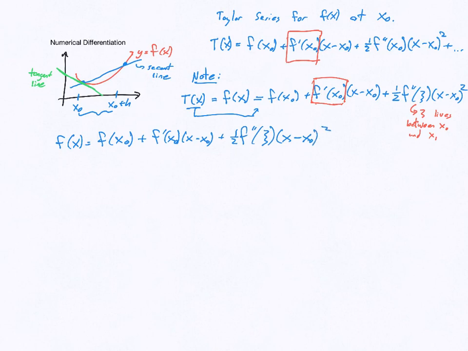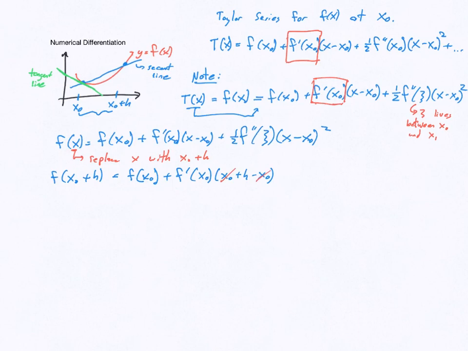All right. What I'm going to do now is, from right here, I'm going to replace that x with just x naught plus h. So I'm going to have f of x naught plus h is equal to f of x naught plus f prime of x naught times x naught plus h minus x naught. And you'll see right off the bat that the x naughts cancel, which is pretty nice.